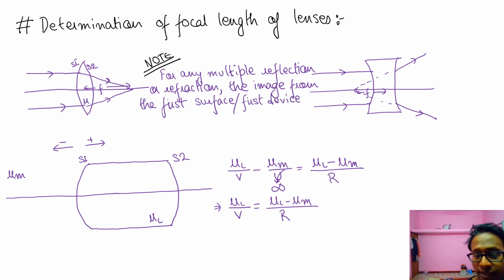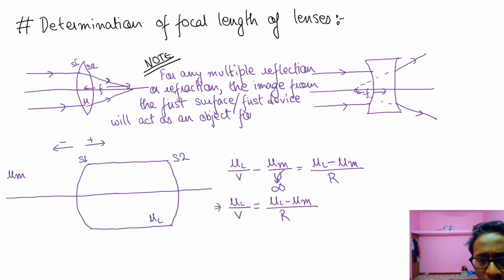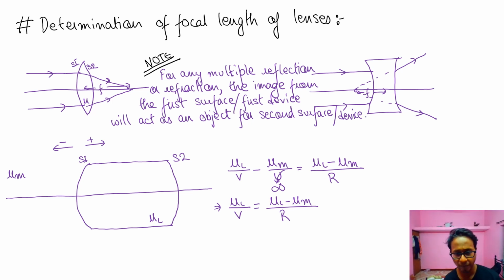Suppose there are multiple lenses, or suppose there are multiple mirrors, so instead of first lens, just say first device.